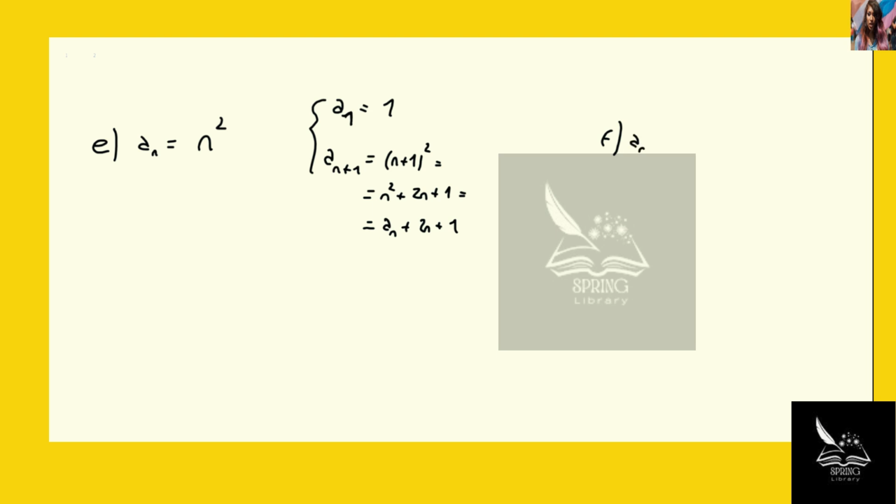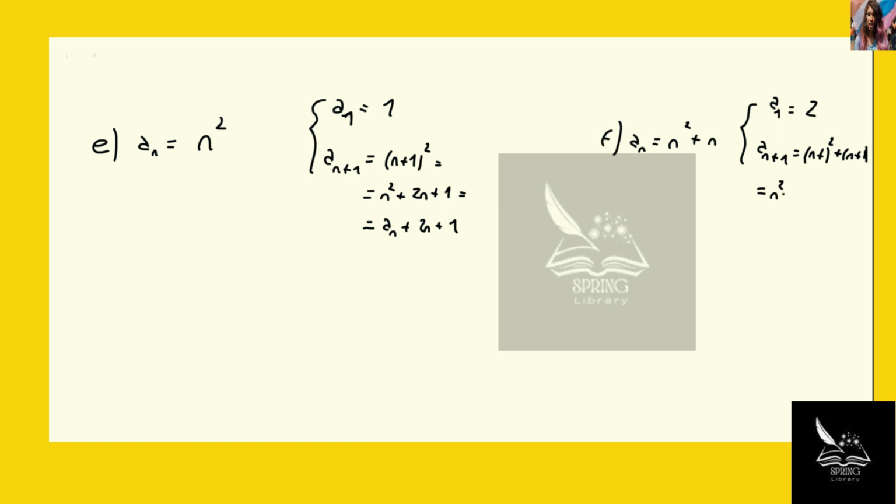Then we have the sequence n squared plus n. And, well, the first entry is 1 plus 1, so 2. Now the next entry is (n+1) squared plus (n+1).